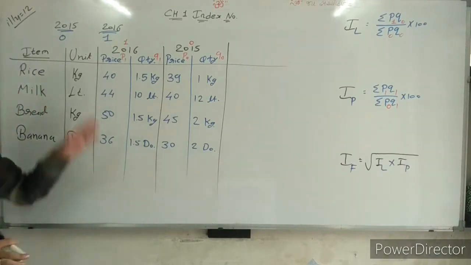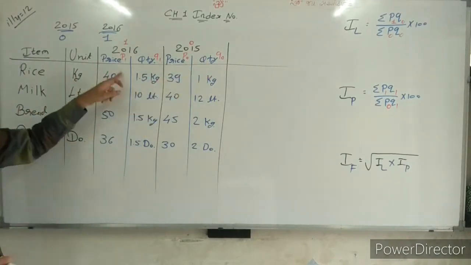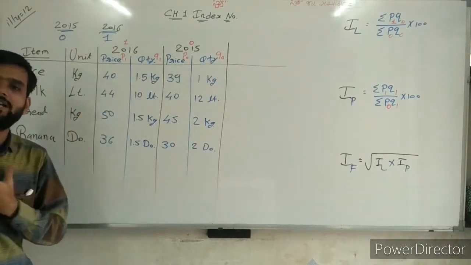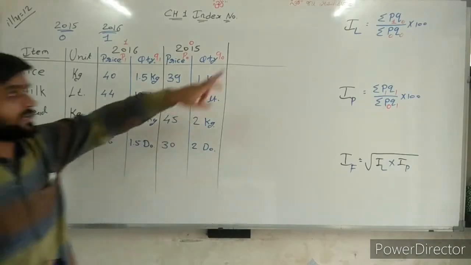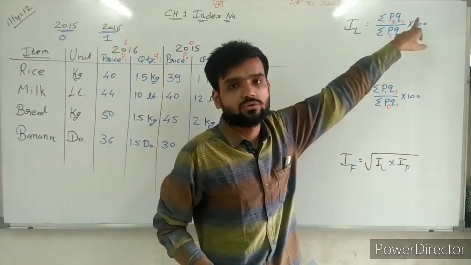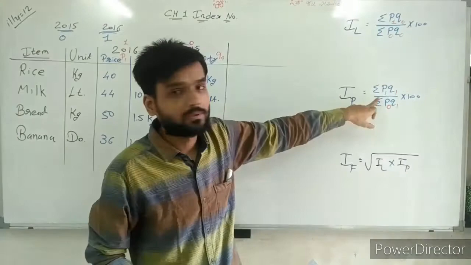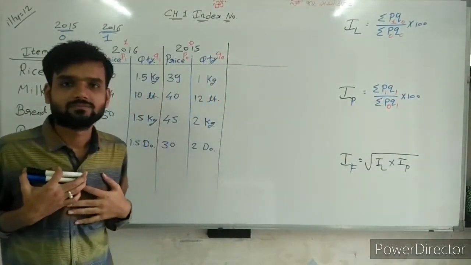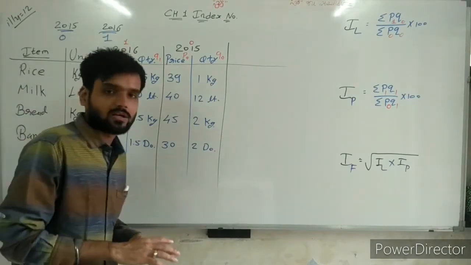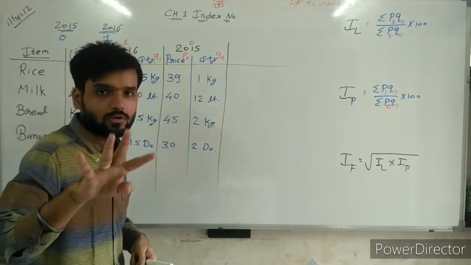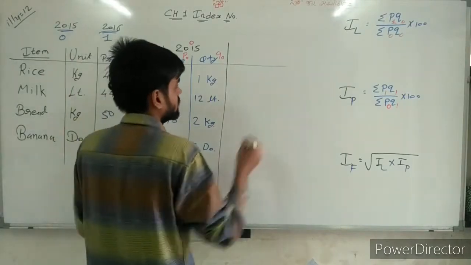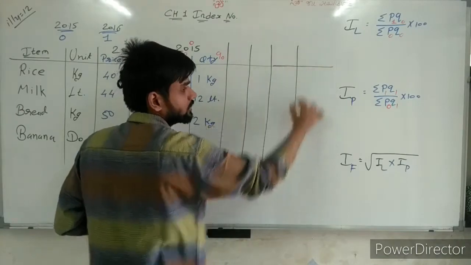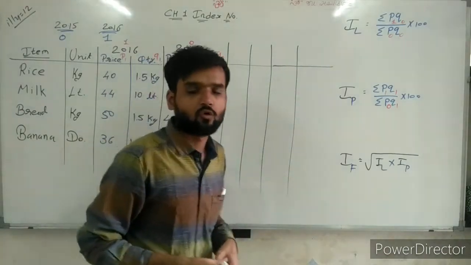So here I have written all the things: P1, Q1, P0, Q0. Now think what I actually need. Sir, we need P1Q0, P0Q0, P1Q1, P0Q1. That I need. So make 4 columns: 1, 2, 3 and 4. 4 columns we need.